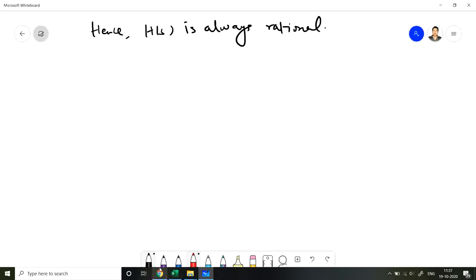Now we have some system interconnection also.